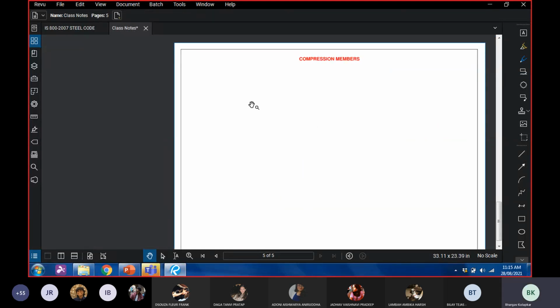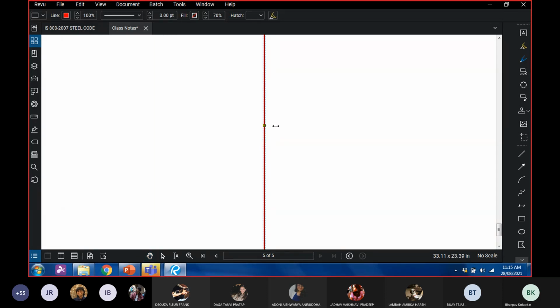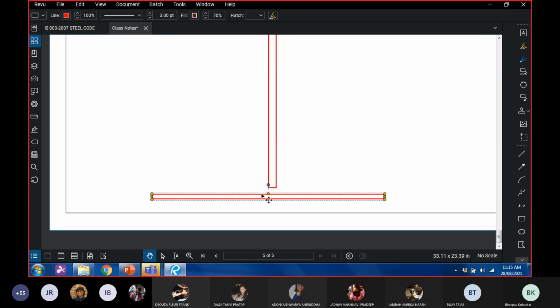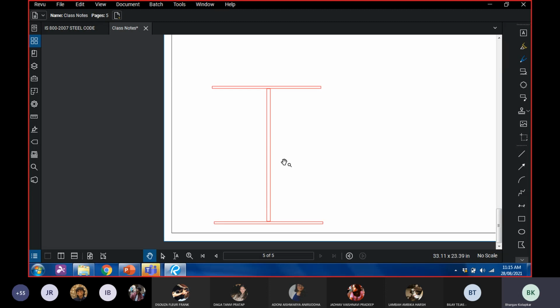So my aim is to maximize the value of R, for which I will say this is my I section. So my I section has three components. That is, there are two flanges and there's one web.